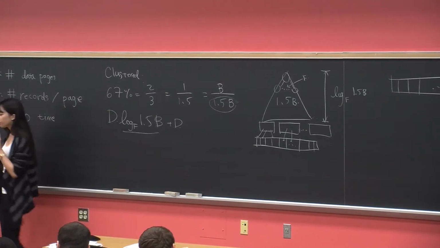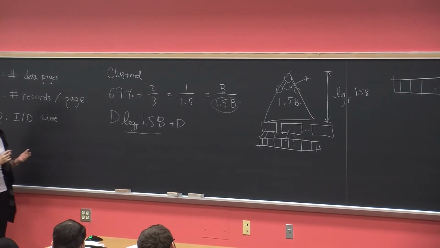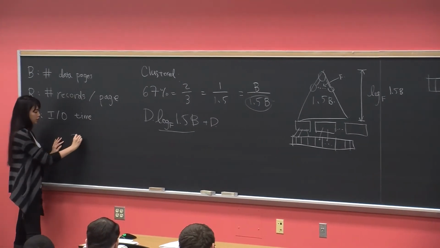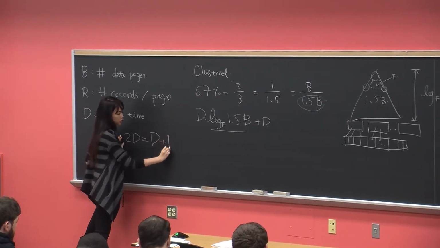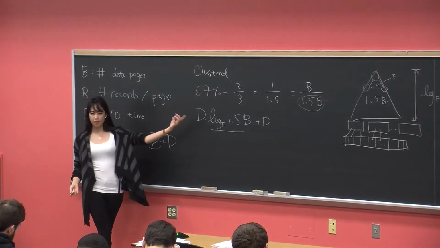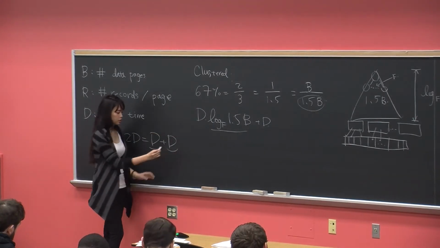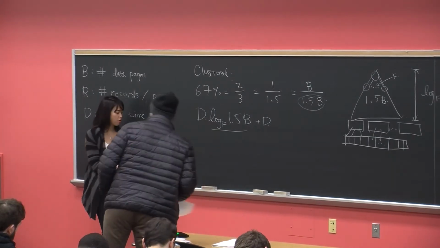If you recall from last time when we talked about the very basic insertion for heap file, we said the cost for insertion is 2D. So where does each D come from? The first one you can think of as the same as writing it. The other one is actually reading it, or you can do it the other way around.